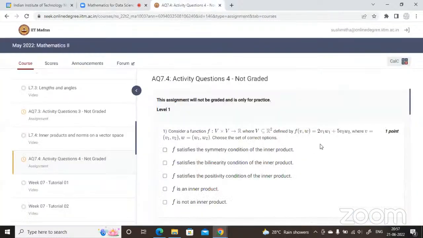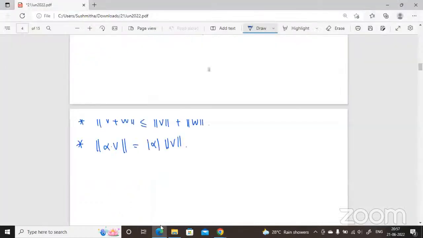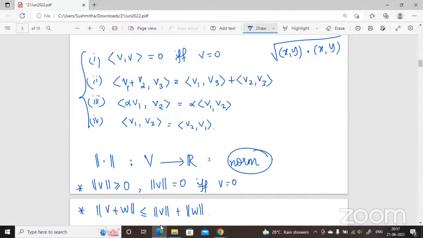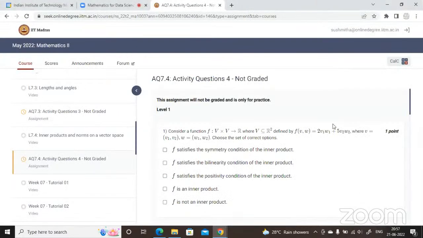In some sense, what does the symmetry condition say? I want inner product V1, V2 to be inner product V2, V1. What does that say when I have terms like this? Firstly, am I allowed to have V1 squared, W1 squared, V2?